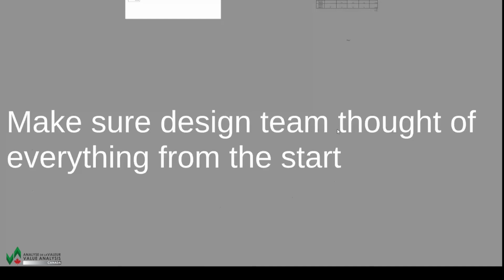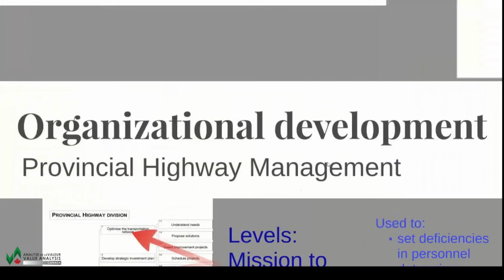What happened here is that, by doing this function analysis, they made sure that the design team thought of everything from the start. All these functions were identified, they were all fit in. They said if we go over our budget, maybe a few things will fall, but they were able to put everything in there. So one of the goals of the function analysis is to make sure you have everything when you start designing.